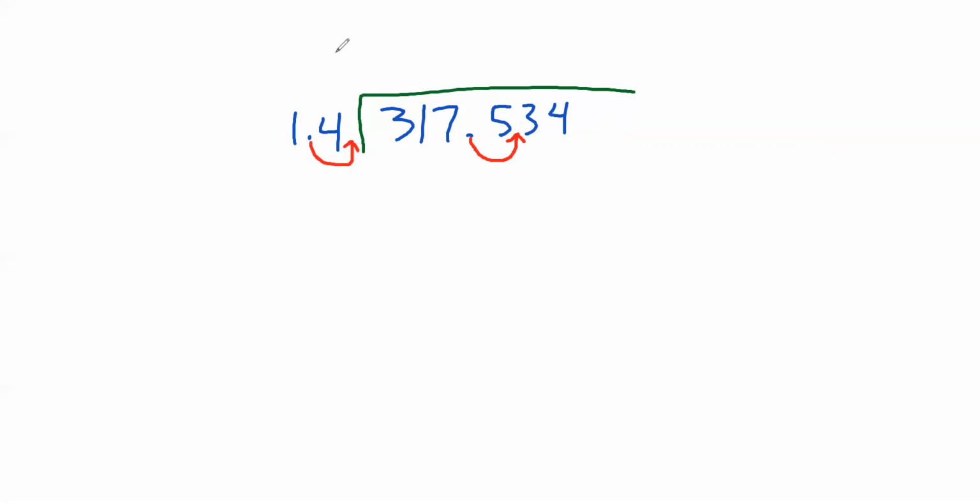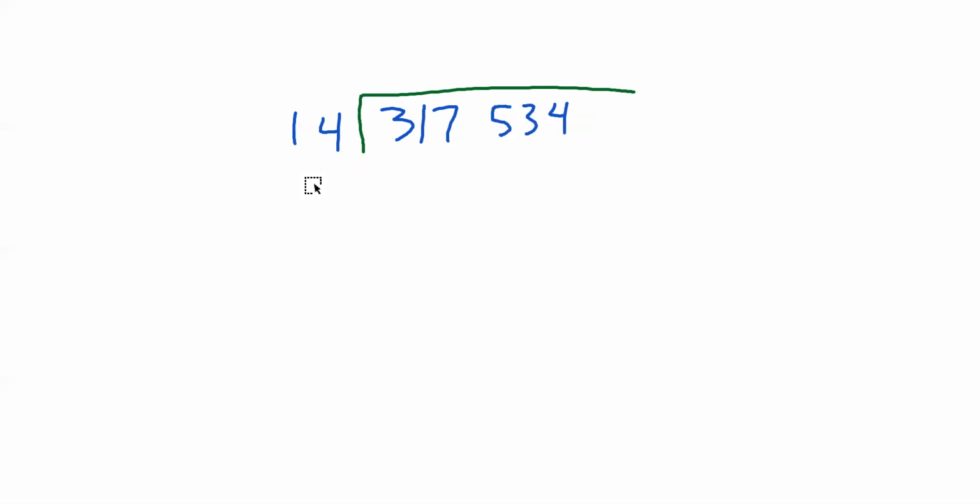And so this division is basically just going to become 14 being divided into 3175.34. We've got to move this decimal point. Oh, something got messed up. There it is.